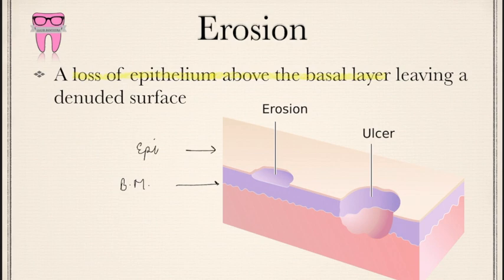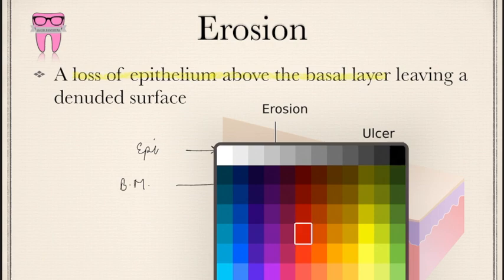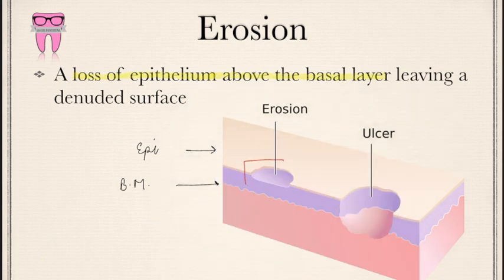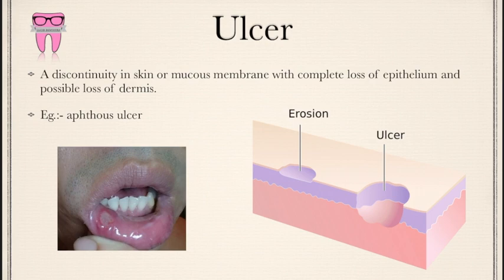As you can clearly see over here, there is a discontinuity or a loss in the epithelium above the basal layer, leaving a denuded surface. This is erosion.